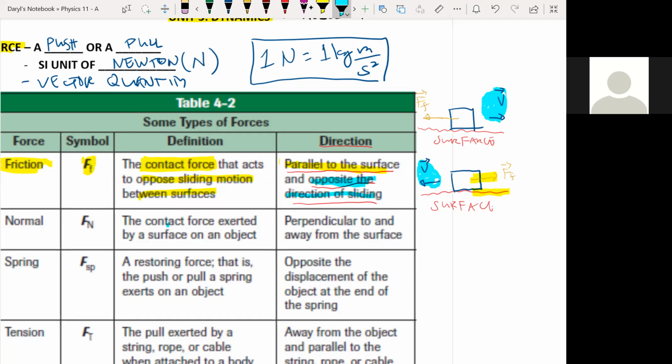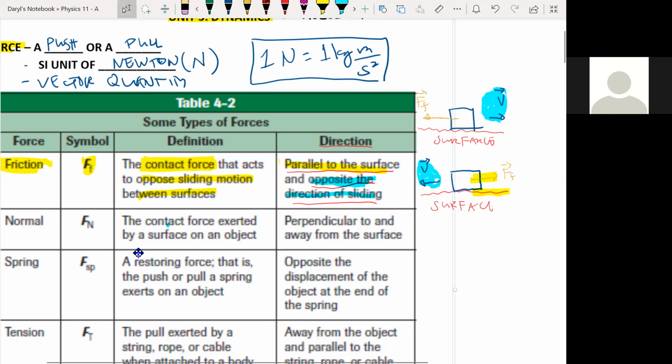If your velocity is to the left, friction is in the other direction. And again, friction is always parallel to the surface. So it's a contact force. That means that they are in contact with one another. So it could be a box or another box, still creating friction there.